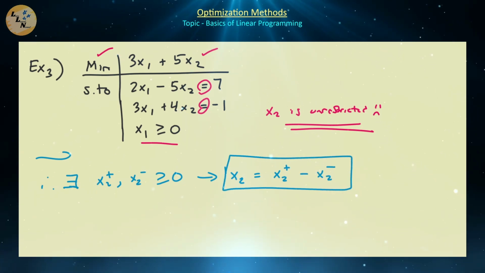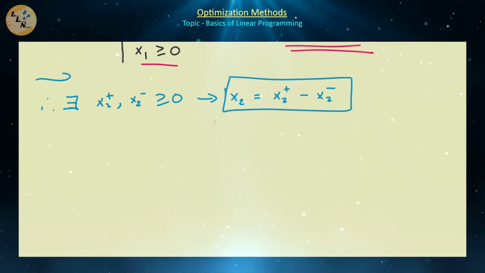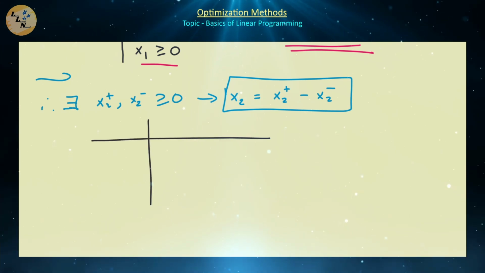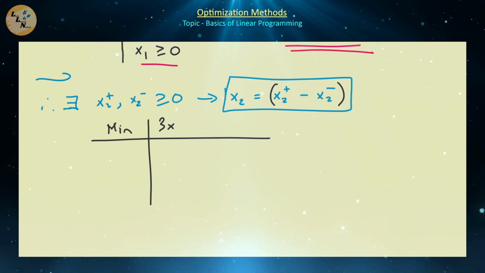All right, so now we're going to be introducing these two new variables into our equation, and that should fix our unrestricted issue. So what is that going to turn our linear program into? So our minimization problem is not going to change, but the objective function will. So everywhere we see x2, we're going to be replacing it with x2 plus minus x2 minus.